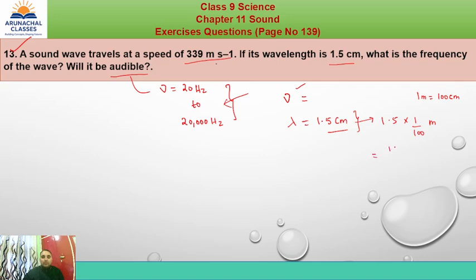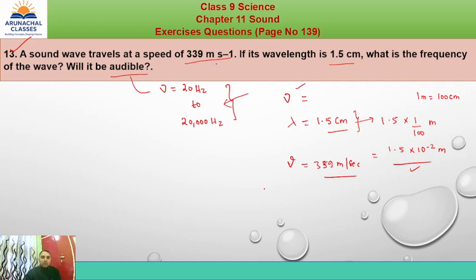So it is 1.5 multiplied with 10 power minus 2 meter. The other thing is the speed of sound, which is given as 339 meter per second.